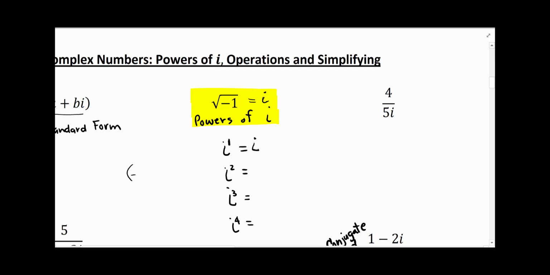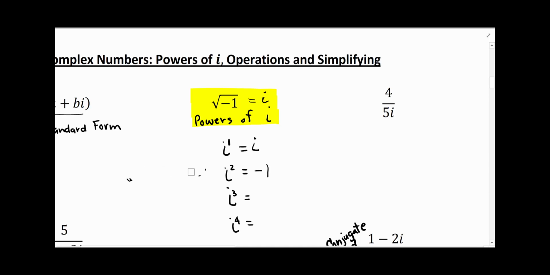If you take the square root of negative 1 times the square root of negative 1, what do you get? Yes, negative 1. And so think about that. i squared, square root of negative 1 times the square root of negative 1, is in fact negative 1.